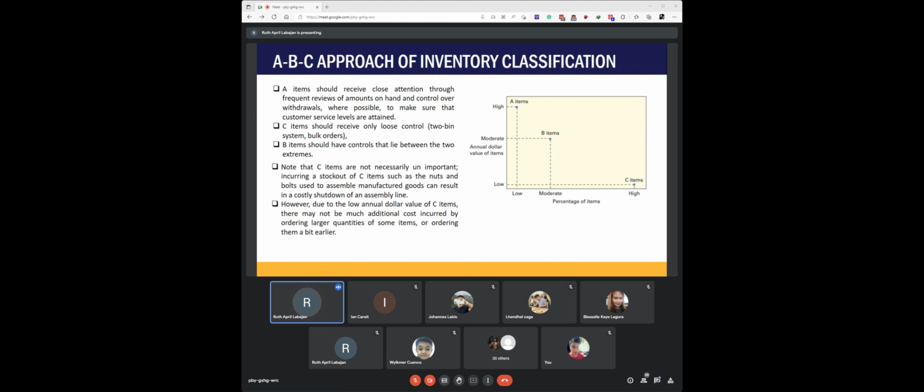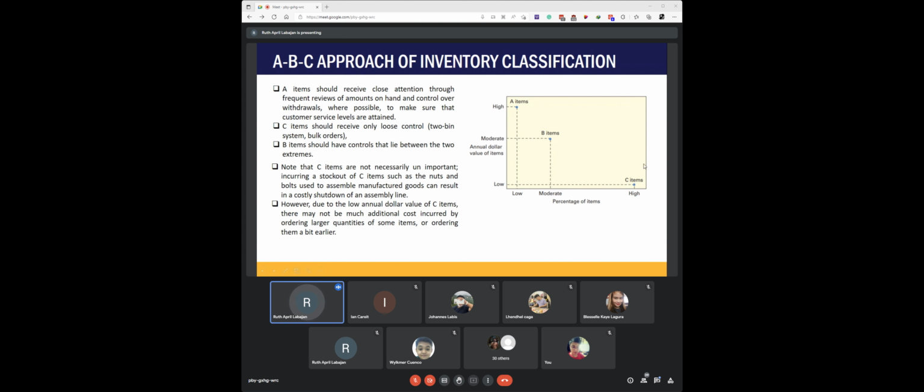You don't just release that item carelessly. On the other hand, C items, since they are cheap items, okay, sometimes you don't have to control too much, no? Okay, you are not too concerned about that kind of item.